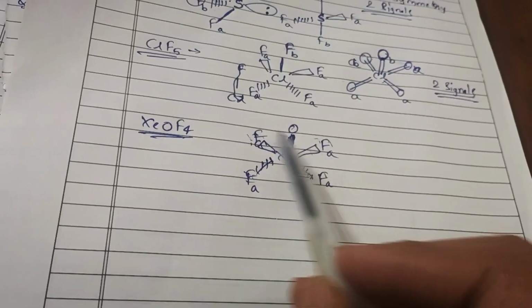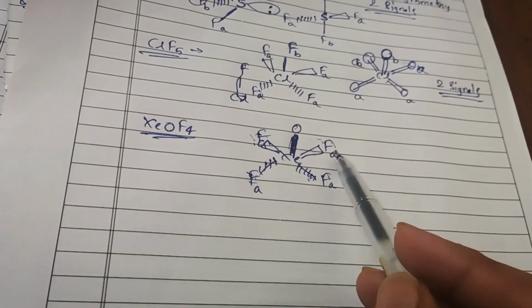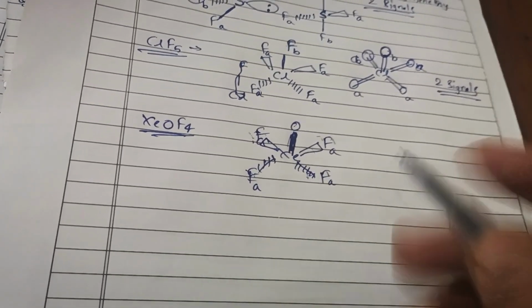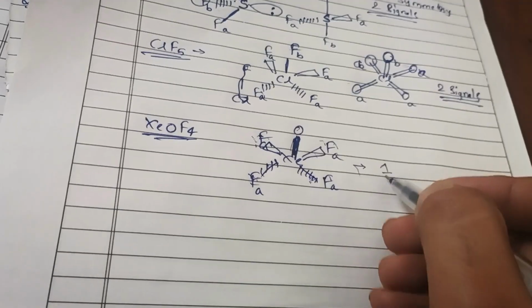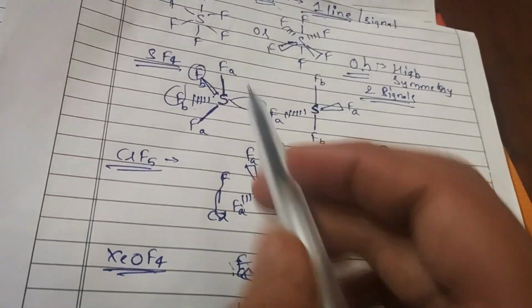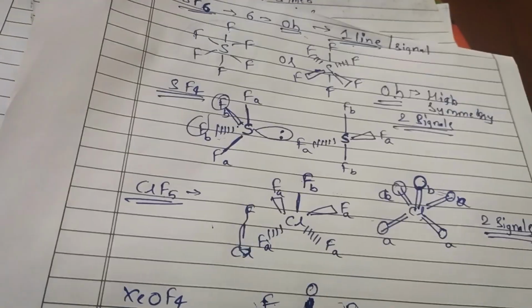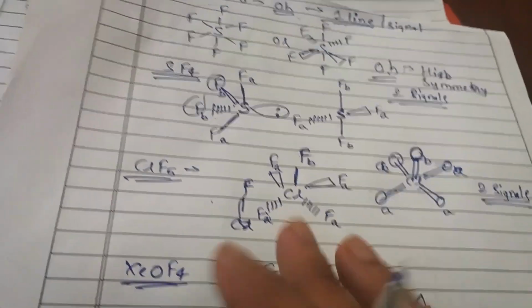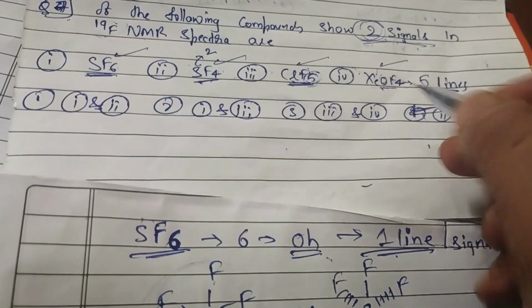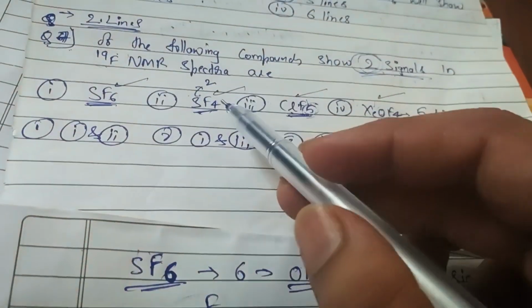Here also these 4 will give one signal, since they are asked for fluorine. So two signals are for 2 and 3. So the answer will be option 4, 2 and 3.